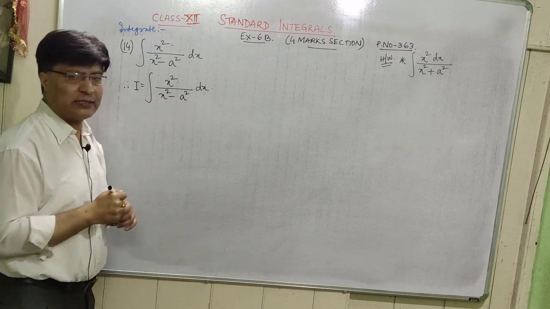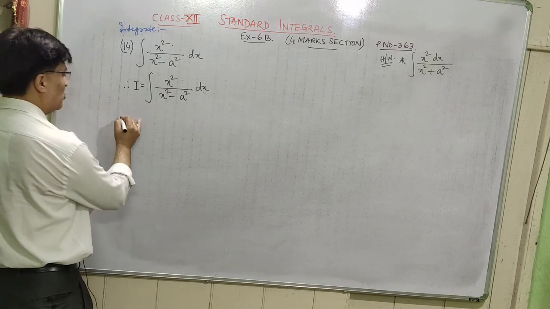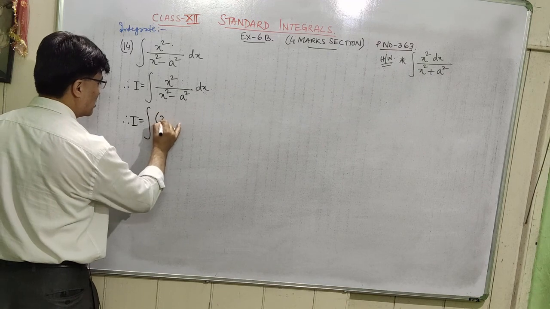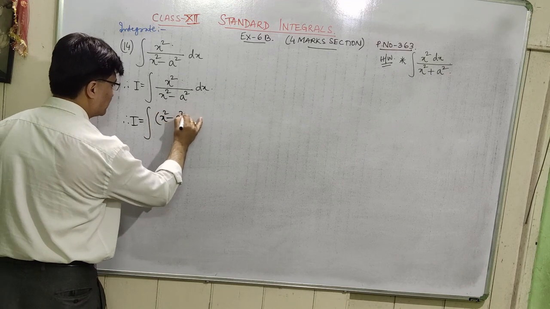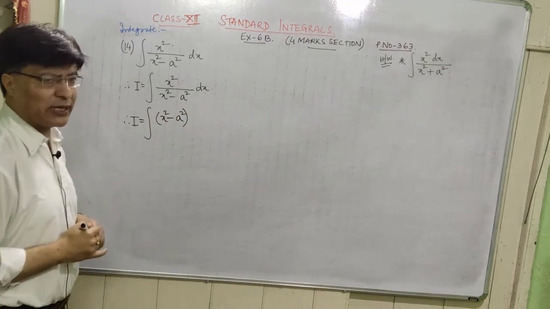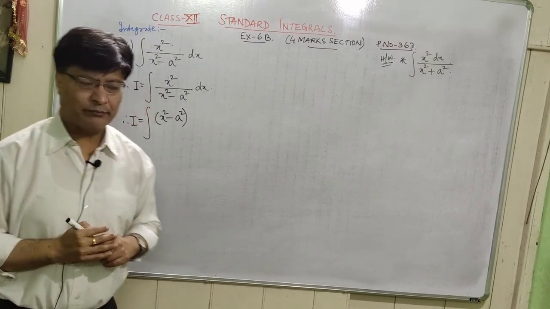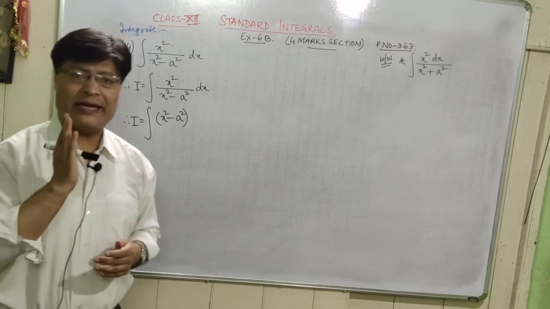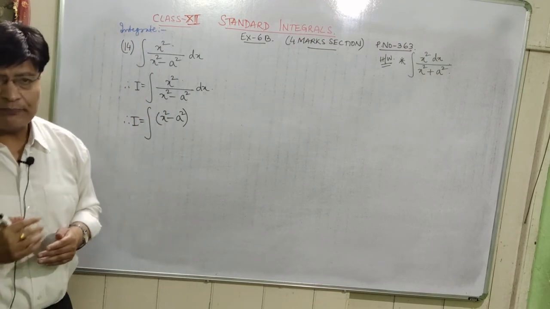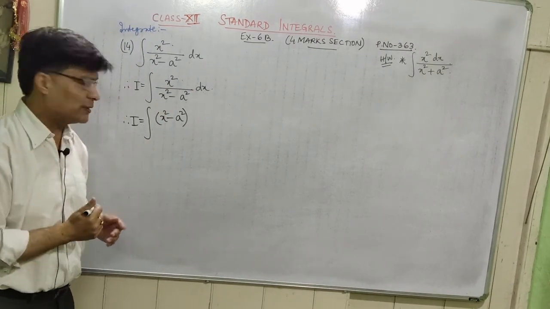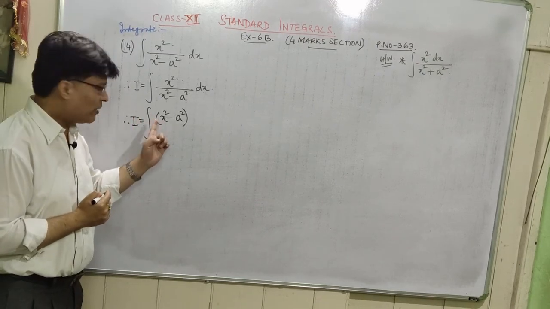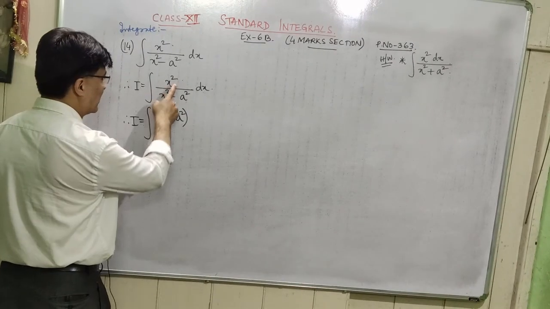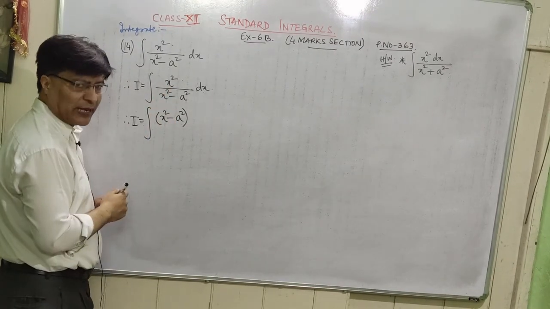That is, we write x square minus a square in the numerator. Therefore I is equal to the integration of x square minus a square in the numerator. So whatever expression is there in the denominator, we write it in the numerator. x square is correct, but we have added here minus a square.